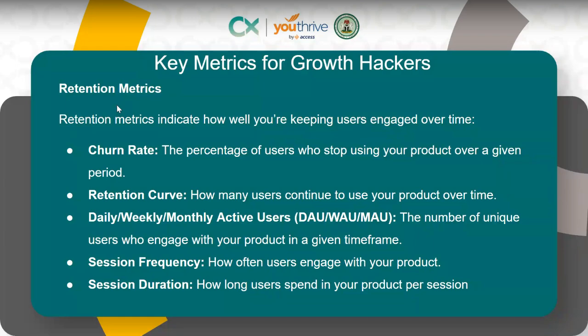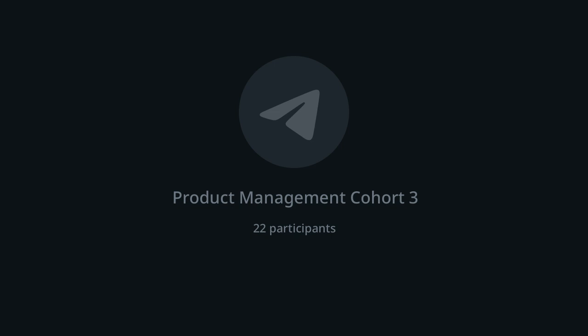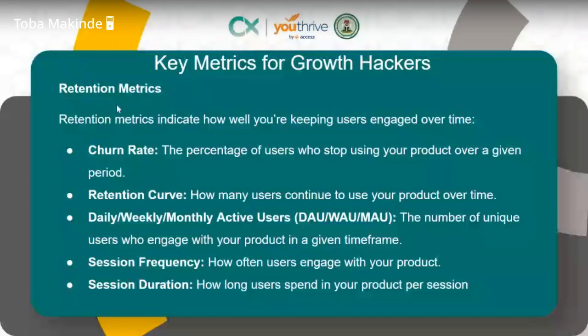For each time you go to check WhatsApp, it's counted as a session. Or each time you go to check Instagram, it's counted as a session. So if people are constantly coming back within a day to open your app and do something, that's a session. So if you have frequent sessions, it means that your product has something of value that people actually really want. Then we have the session duration.